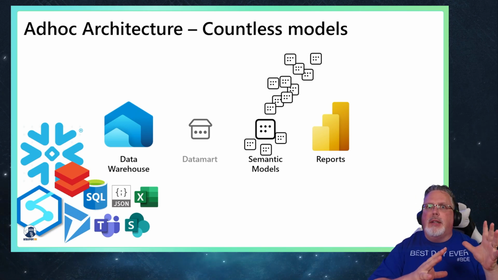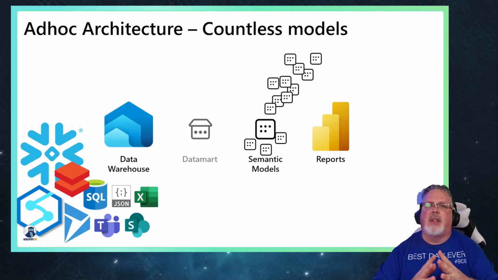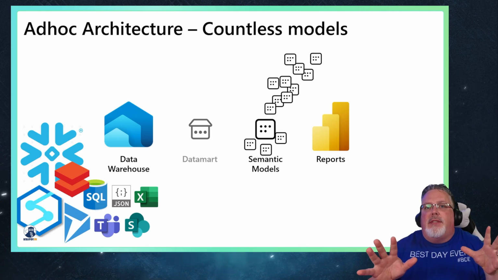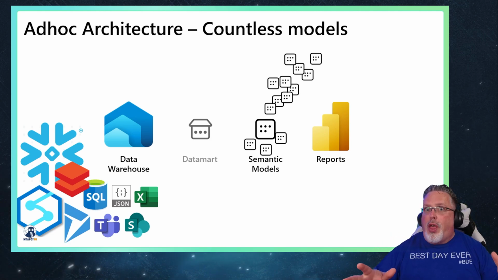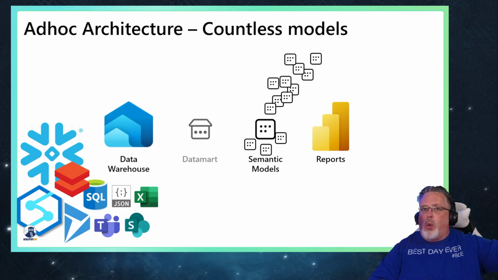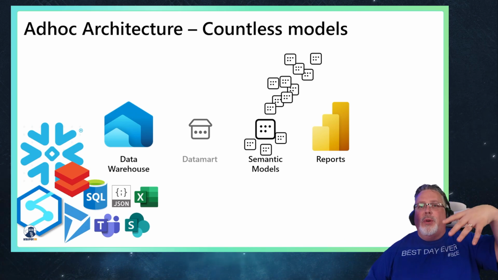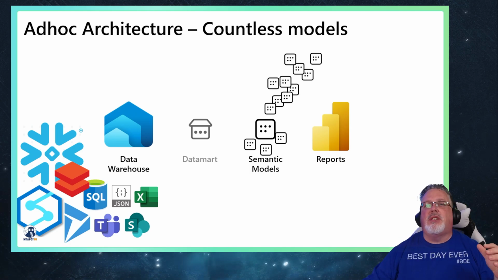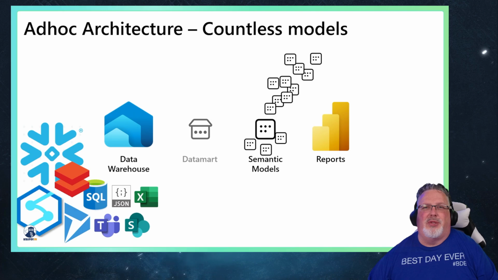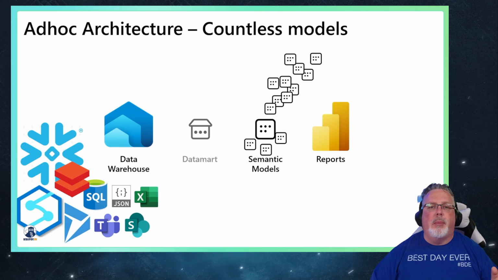Now it's not just a handful of semantic models where you've got your code and your business logic, but you potentially have dozens, if not hundreds or thousands of semantic models. And the sales definition in one is different than the sales definition in the other. Units sold, maybe the definition's the same, but when was the last time it was refreshed? It just becomes an architectural nightmare.